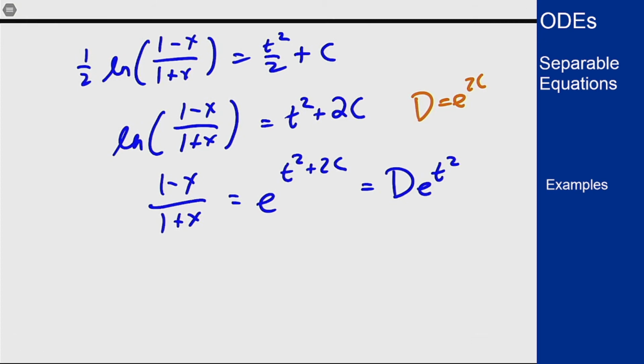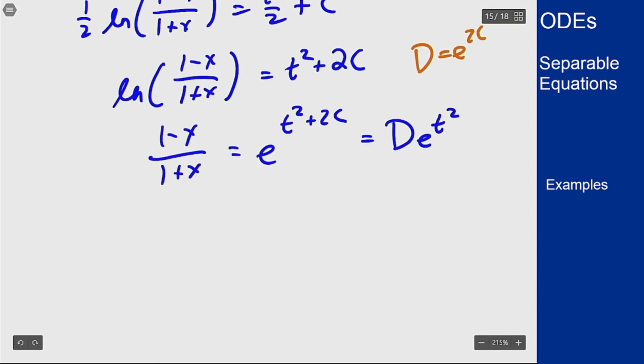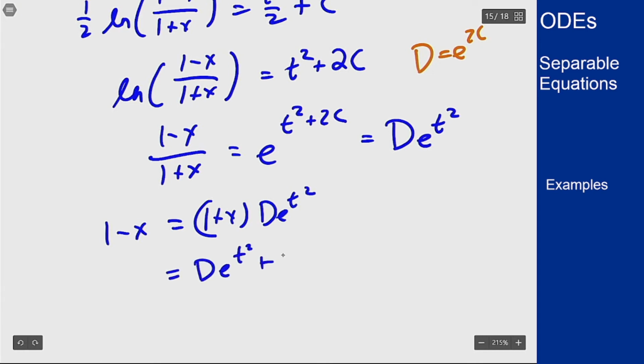And then I want to solve for x, so multiplying the 1 + x to the other side, 1 - x = (1 + x) d e^(t^2), or d e^(t^2) + x d e^(t^2).